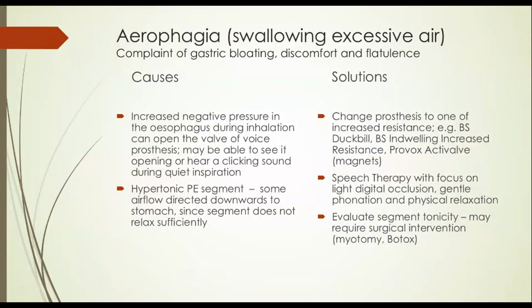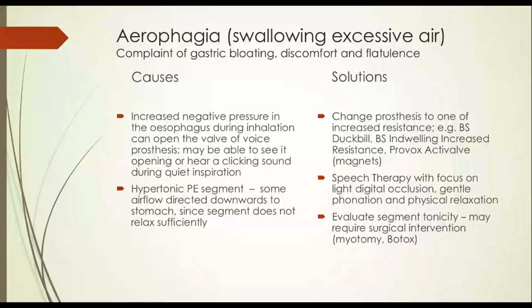So we do counsel around that, but then we also look at whether it is the prosthesis that's causing that increased airflow into the stomach. Do we need to change out the prosthesis to something that has an increased resistance so that there's less airflow down into the stomach?